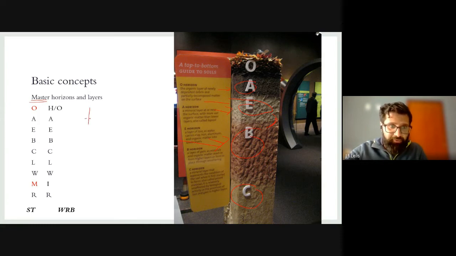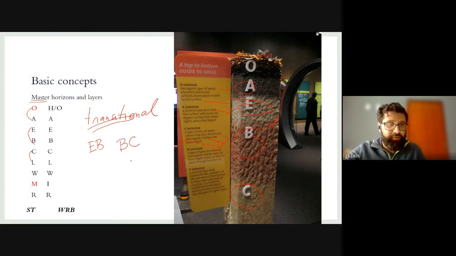Like I can find pieces of soil that have characteristics of a master horizon and of another master horizon at the same time. And then we have transitional horizons. These are the master horizons, with particular characteristics, and the transitional horizons have characteristics of two or more horizons. Like I can have a B transitional horizon, or a BC transitional horizon, or a CB transitional horizon.